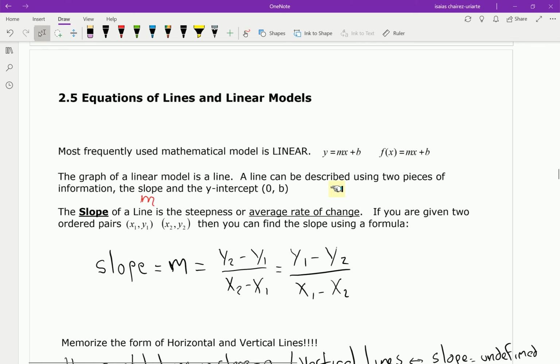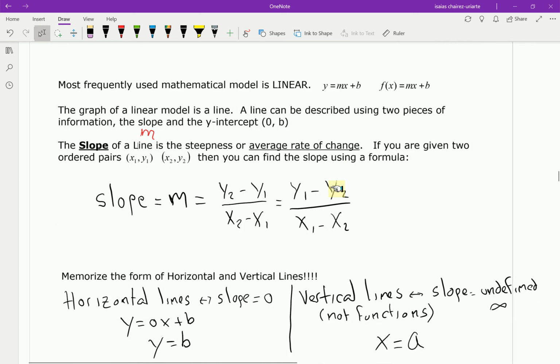So how do I find the slope between 2 points? By the way, the slope sometimes is called the average rate of change. So if you see the words average rate of change, just think slope. It's synonymous. If you're given two points, x1, y1 and x2, y2, then you can find the slope using the following formula.